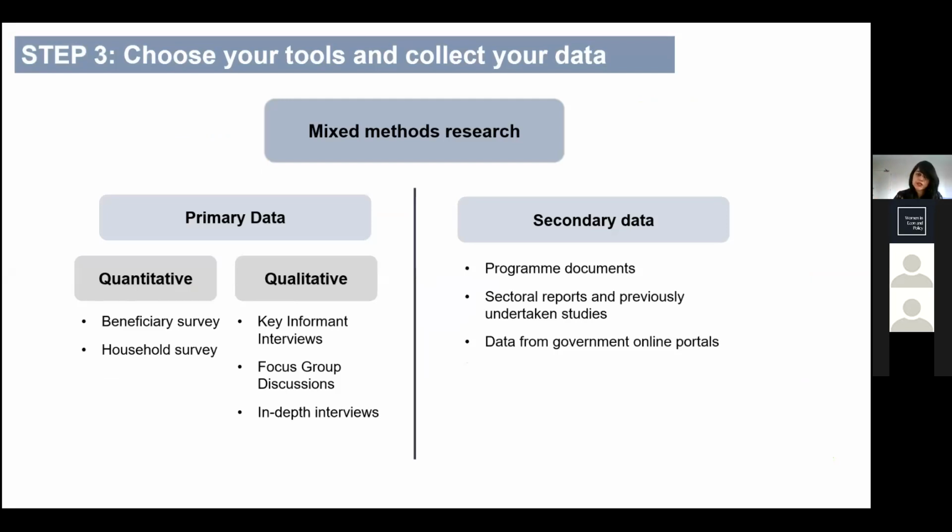It could be a household survey wherein you go and ask the experiences of the entire household which is receiving a cash transfer. On the qualitative side, which is not so numbers driven, which is more insights driven or thematic driven, you have key informant interviews, which generally are given to policymakers or to officials at a higher level. You have focus group discussions, once again among community members, beneficiaries, or implementing officials.